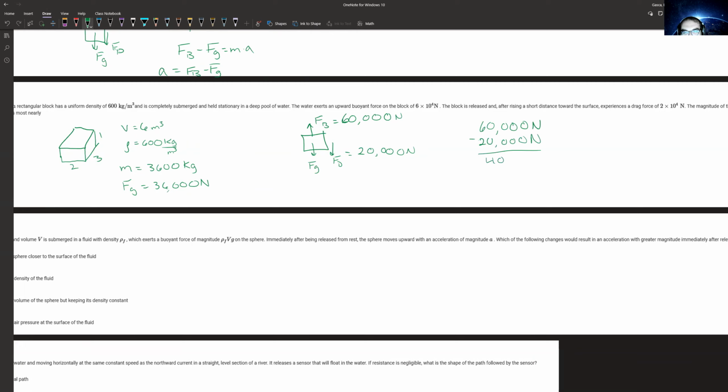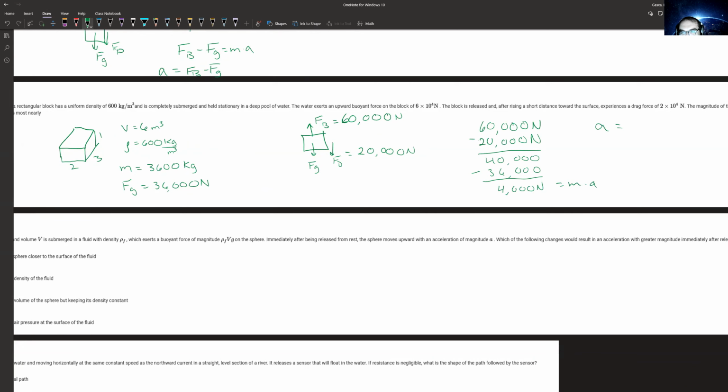And that gives us 40,000 newtons. But then we also have to subtract the weight, which is 36,000 newtons, which I think is kind of like the submarine question from before. At least the numbers look similar. And so this gives us 4,000 newtons.